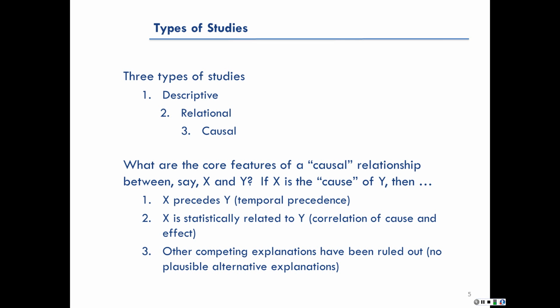So there has to be some degree of correlation or association of the cause and effect. And then lastly, and this is usually the trickiest part, we have to be able to rule out other competing alternative explanations. There can't be other plausible alternative explanations for the reason why x might be statistically related to y, other than that x is in fact the cause of y.